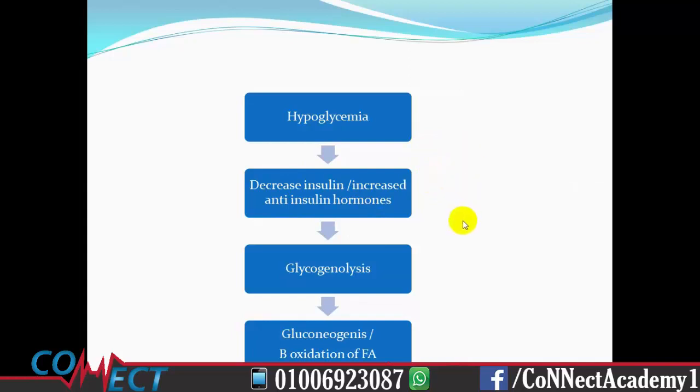These hormones stimulate the mechanisms by which we make up for the missed glucose, stimulating glycogenolysis in the liver, gluconeogenesis in the liver, and beta oxidation of fatty acids, the mechanism we just talked about.